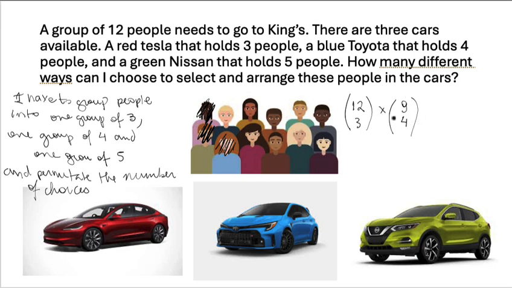And again, I'm using the multiplication rule because these are subsequent choices. Then I eliminate 4 people here, and I'm left with 5 people, which I will have to select, right?